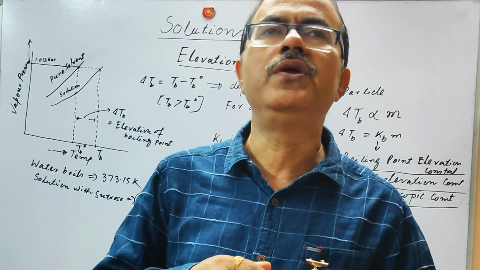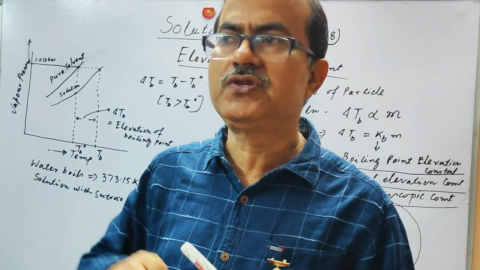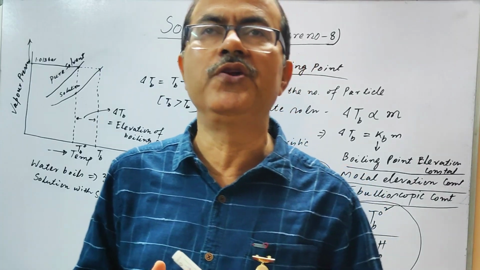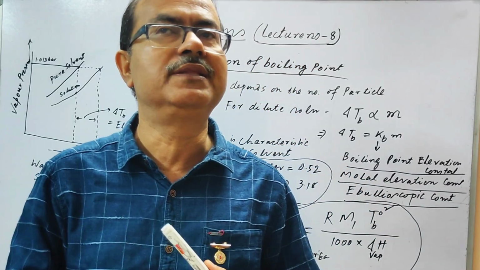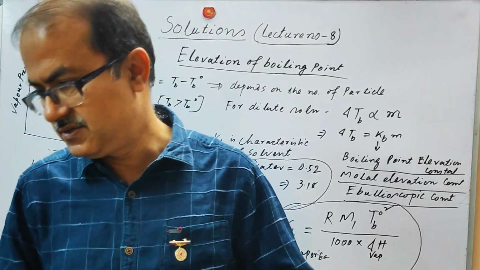Now we want to correlate with the molar mass of the solute, because by measuring the elevation of the boiling point, you are able to calculate the molar mass of the solute, that we now discuss.